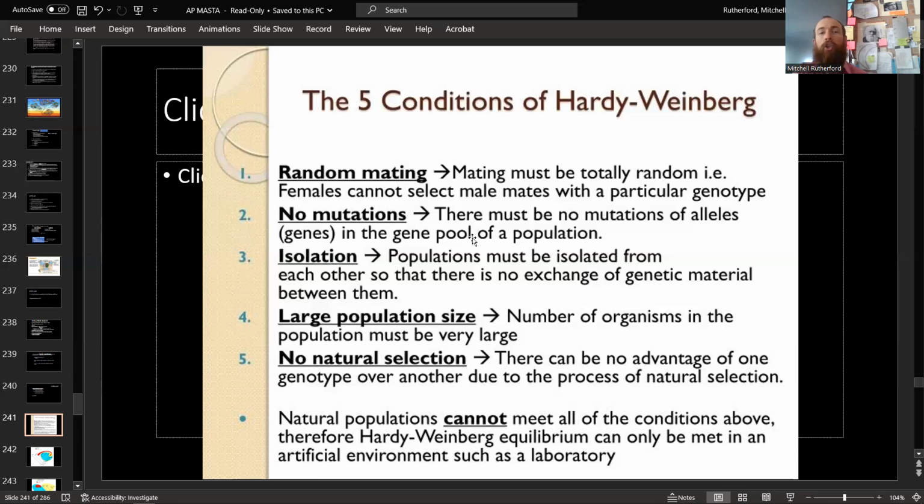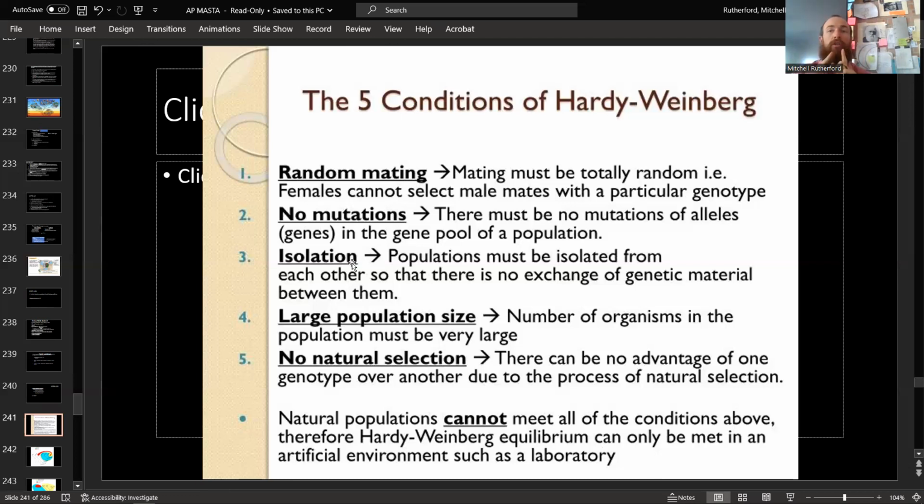So in this utopian Hardy-Weinberg equilibrium, as it says at the bottom, it can only be met in an artificial environment such as a laboratory, where everybody gets to live, there's no sexual selection, that's the random mating. So all the females are fine with all the males, and there are no mistakes in DNA replication, and this population is just all by itself.